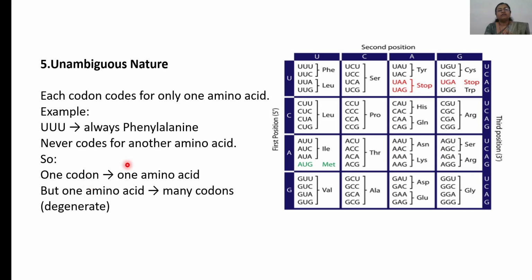One codon, one amino acid. But for one amino acid, there are many codons. For phenylalanine, we observe UUU and UUC here. So this is degeneracy. And this type of phenomenon is known as unambiguous nature.